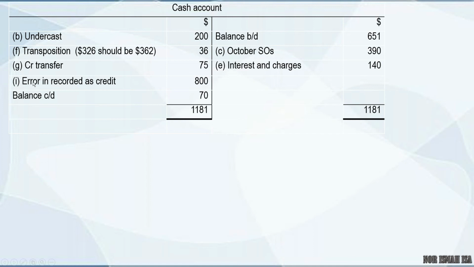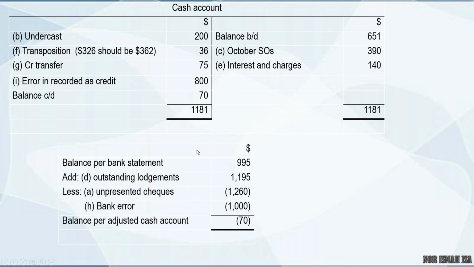The error occurred in the cash book, so it should be debited, but the business wrongly credited the cash book, so we need to debit back with the double amount. As a transposition error, we just take out the difference amount. This has been wrongly recorded with the lesser amount, so we add back another 36. So we end up with a balance of 70, the credit balance.